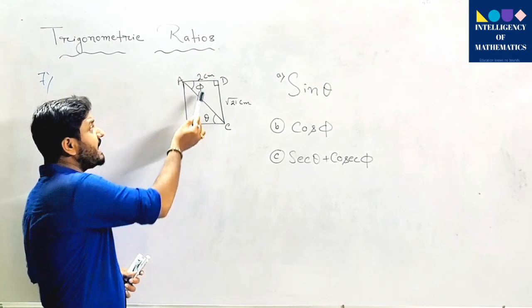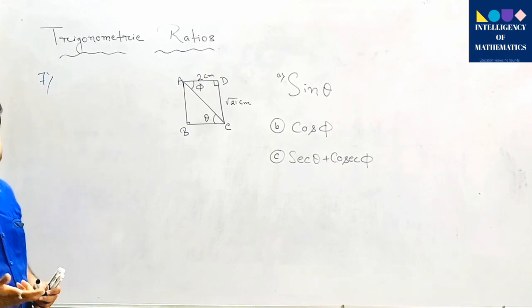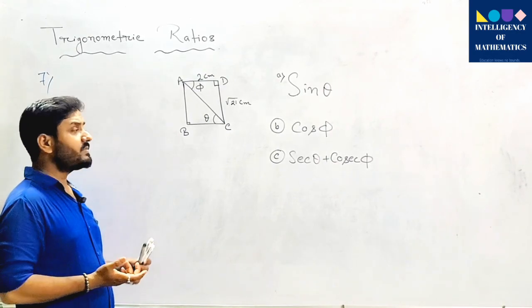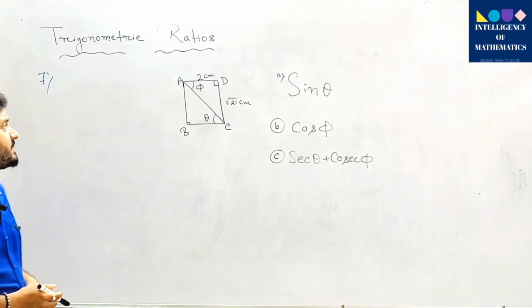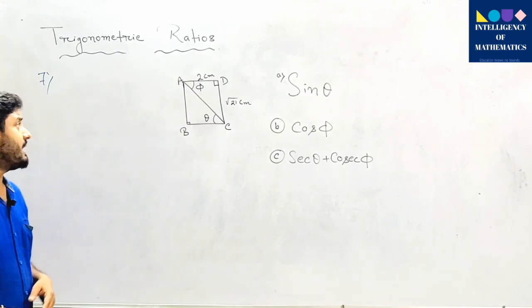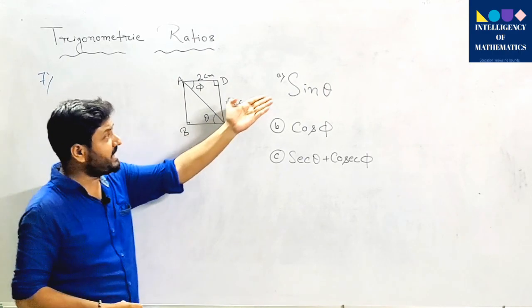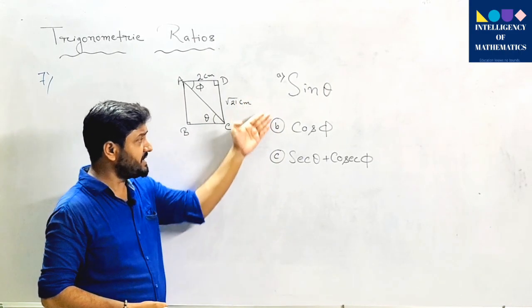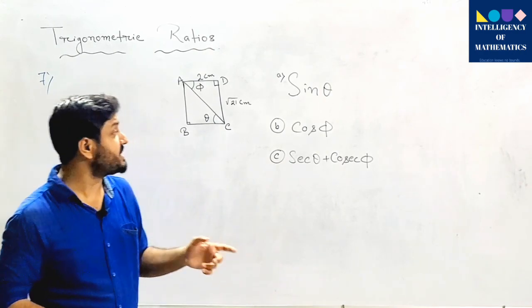One is theta and this is called phi. Phi is also a Greek alphabet like alpha, beta, gamma. Phi is one angle and theta is one angle. On the basis of that, two sides are given. We have to find these three things: sine theta, cos theta and sec theta plus cosec phi.